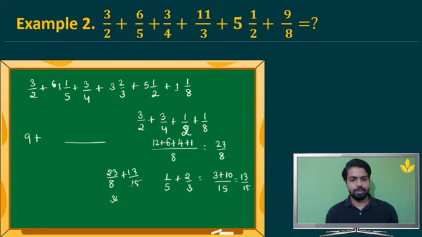It's going to be 345 plus 13 8s are 104. Divide by 120. So that is the sum of these numbers. So we are getting the final fraction as 120 in the denominator, and the numerator is going to be 449.